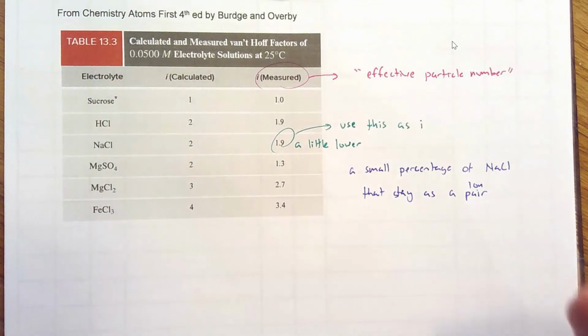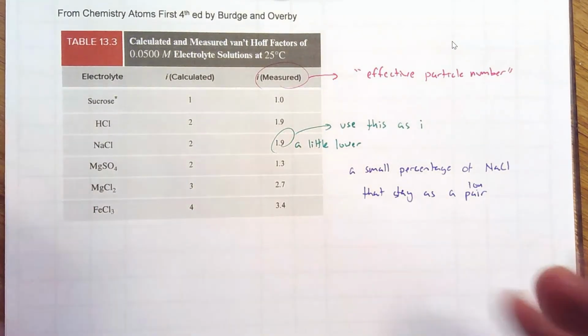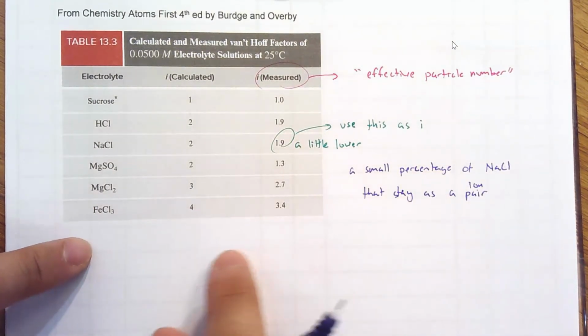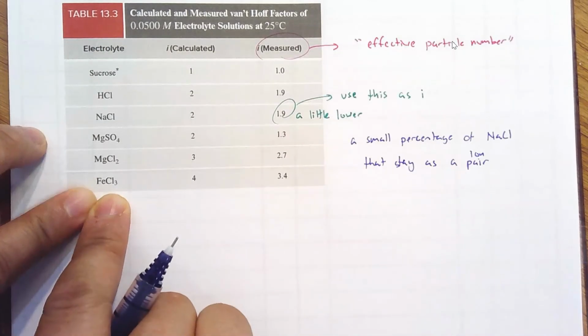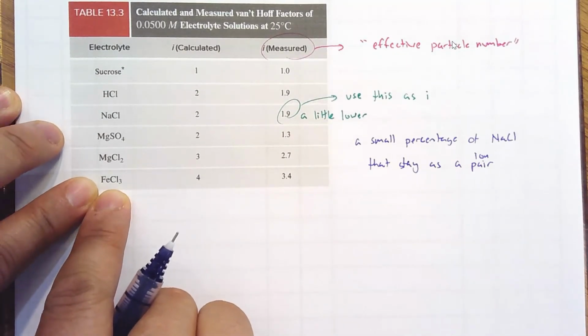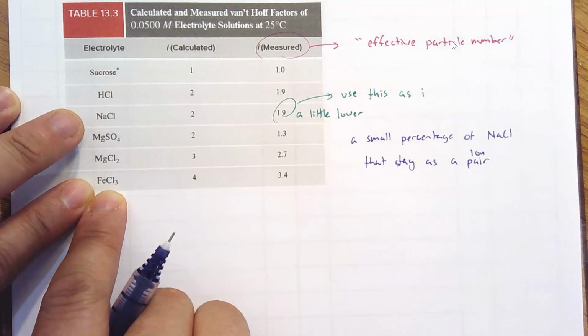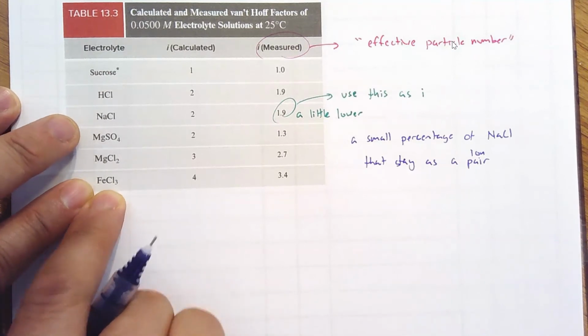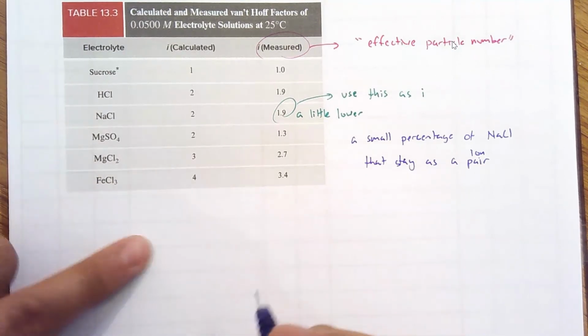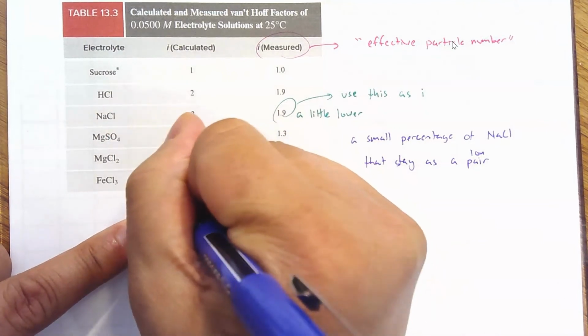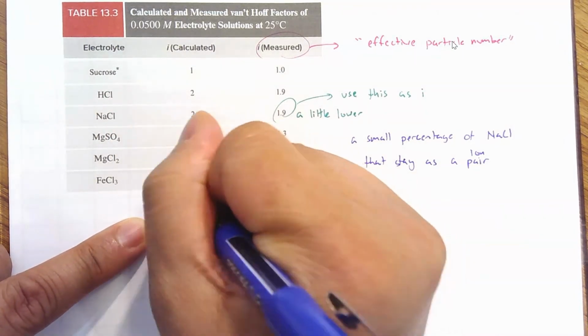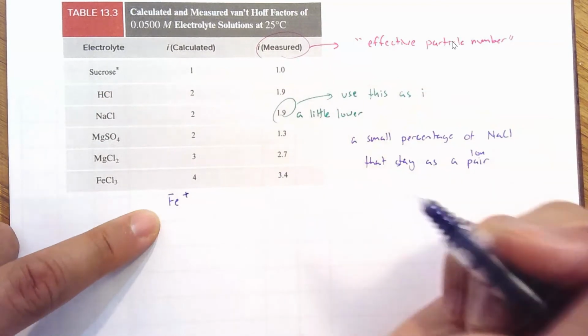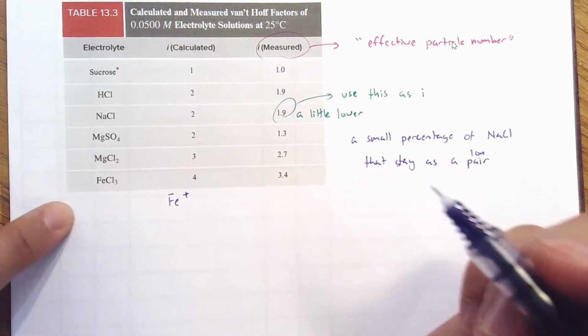So there are some ionic salts that like to stay as a pair. Look at this iron 1 chloride. You expect 4 ions. Fe plus? Man, did I say Fe2?